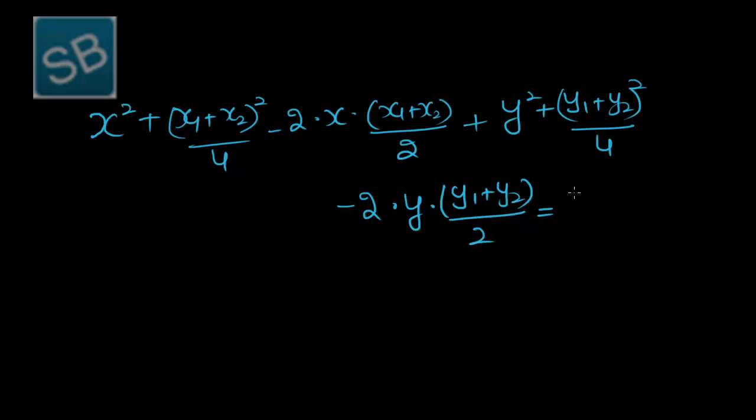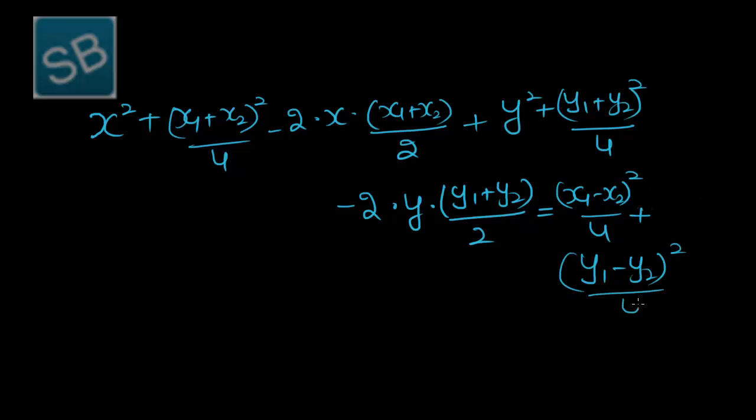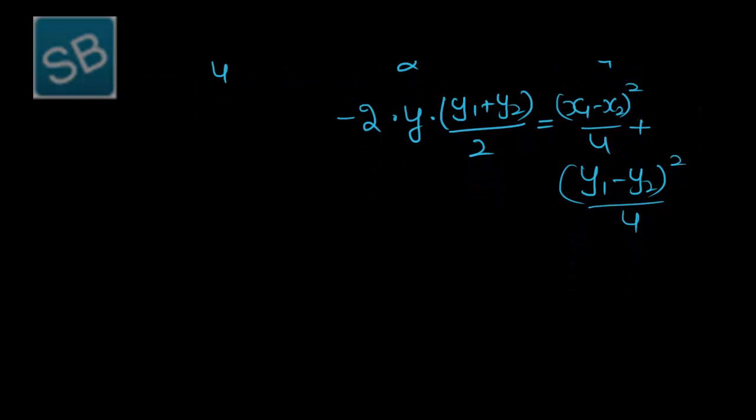which is equal to 1 by 4, or we can say (x1 minus x2) whole square over 4 plus (y1 minus y2) whole square over 4 gives x square plus 1 by 4.